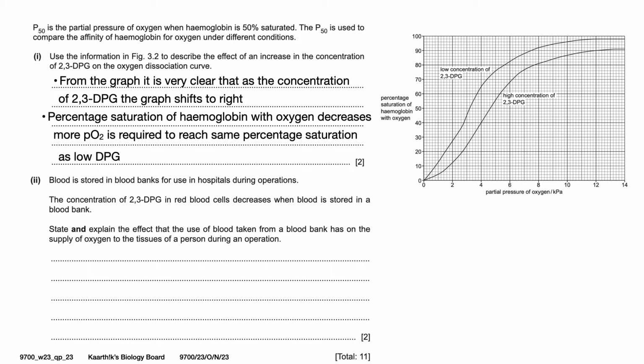So it is very simple. They are asking what is the effect of blood taken from the blood bank on supplying oxygen to the tissues of a person during an operation. Initially the hemoglobin will take up all the oxygen and the tissue has less supply of oxygen.